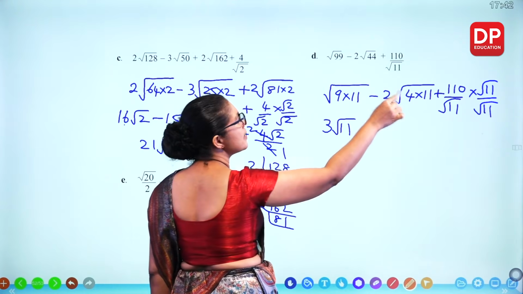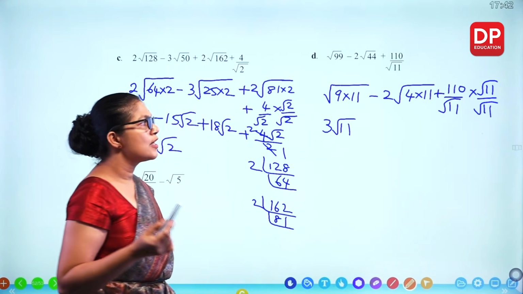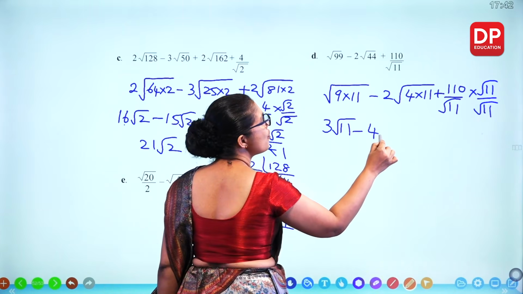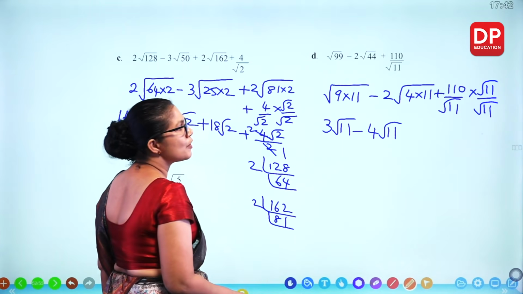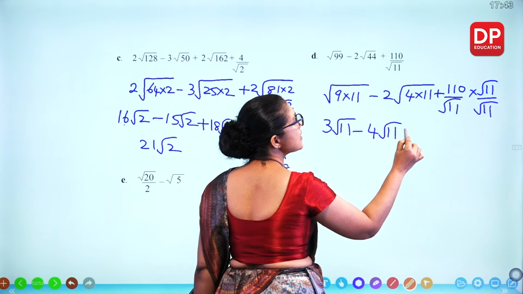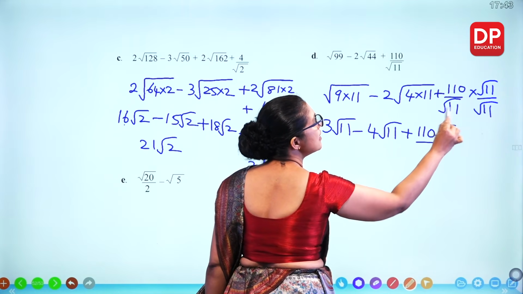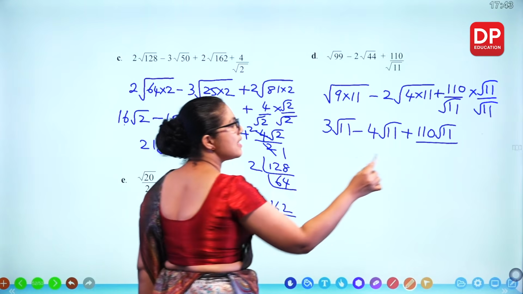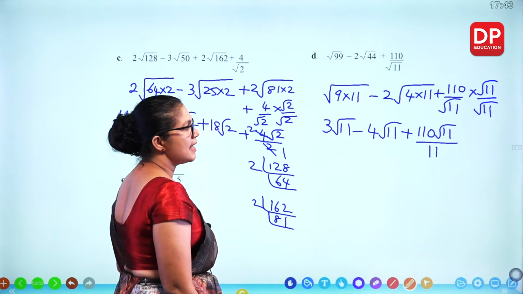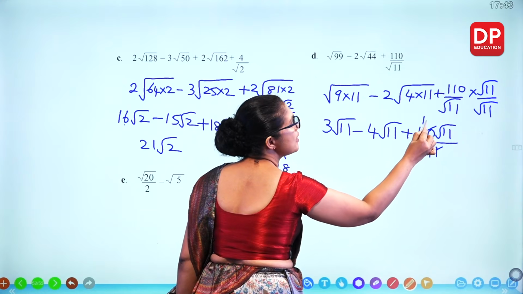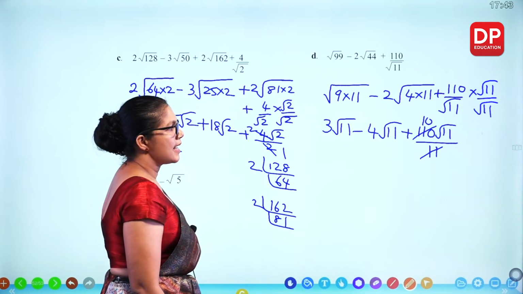What about this one? Square root of 4 is 2. 2 times 2, 4. You get 4 root 11. What about this one? You get 110 root 11 over root 11 times root 11. You get 11. So I can see this one gets cancelled out with this and I get 10.